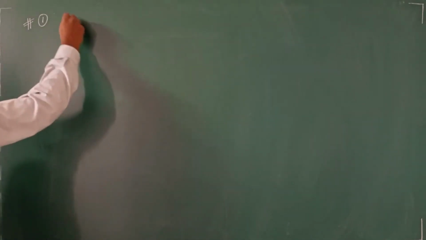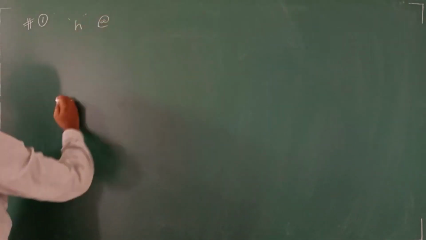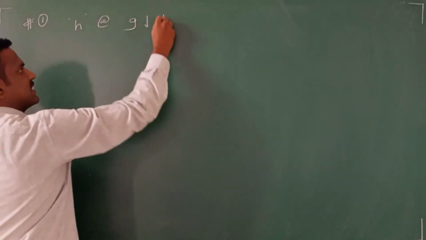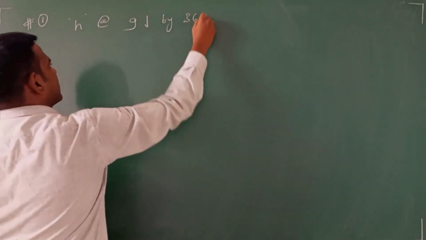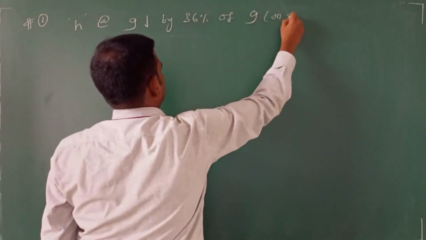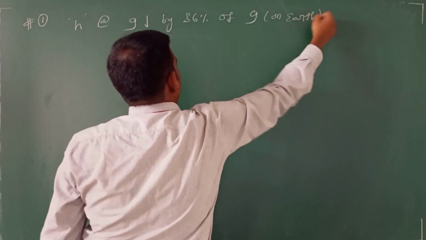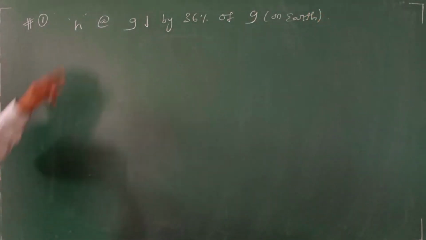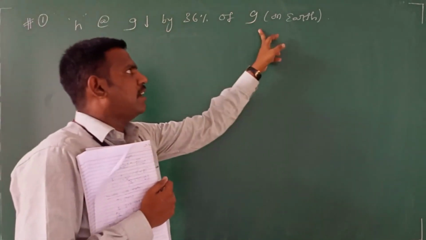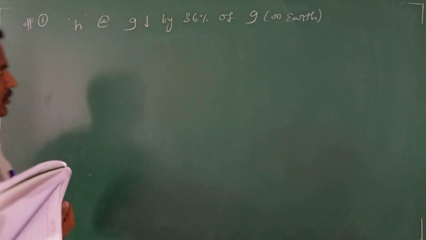They are asking to find the height at which acceleration due to gravity decreases by 36% of its value on the earth. We have to find the height at which acceleration due to gravity decreases by 36% of its original value on the surface of the earth. This is the question.